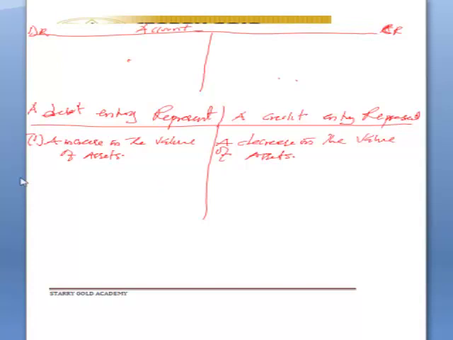Let's look at liability, because these are the elements of accounts. Two, in the case of liability, a debit entry is a signal for a decrease in the amount of liability.